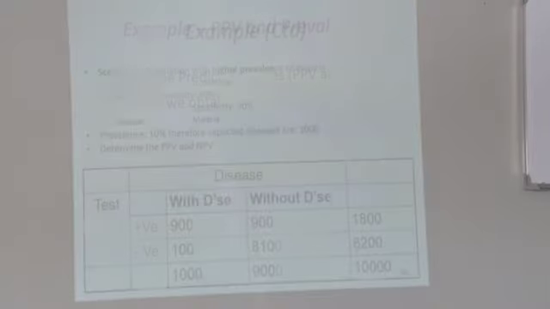Now, let us look at a population where the prevalence is no longer 1%, but it increases to 10%. The test is still the same, sensitivity 90%, specificity is 90%. The population size is still the same, 10,000, but the prevalence has increased to 10%. So we present this in a 2-by-2 table. 10% of 10,000 is 1,000, so we have 1,000 people with the disease.